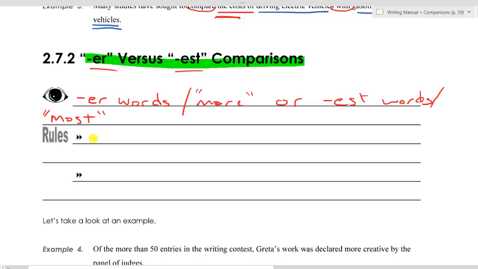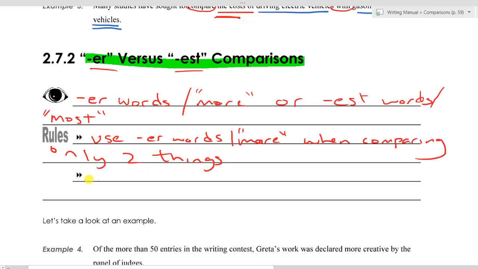It is that we use ER words or more when comparing only two things, and we use EST or most when comparing three or more things.